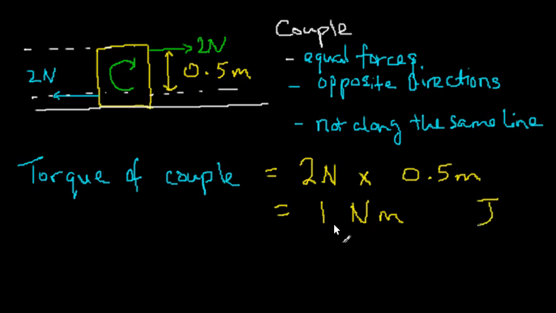But in the case of calculating torques or moments, which is force times distance, we don't use the symbol joule for newton meter. We just write newton meter explicitly. We reserve the symbol J for just energy and work. So 1 newton meter is the torque of this couple.